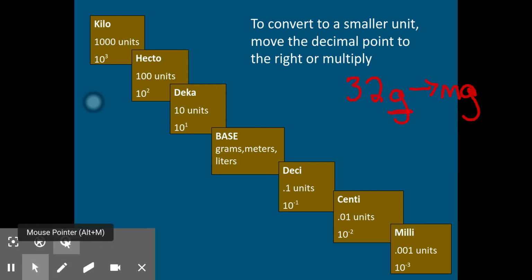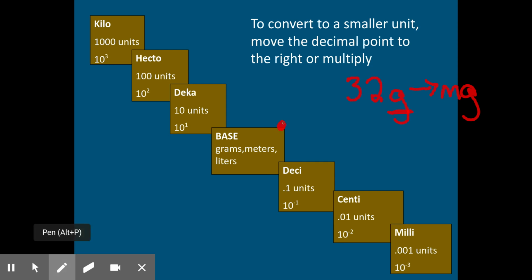Where on my stair is my grams? You'll notice that it is my base. So where we put my decimal is actually on that right side. Now, in the number 32, the thing you need to remember is technically I do not show a decimal point. But remember, the decimal point is always there, it's just not shown when it's after the number like that. So then on each of the stairs, you put a number. So that's a 2 and that's a 3.